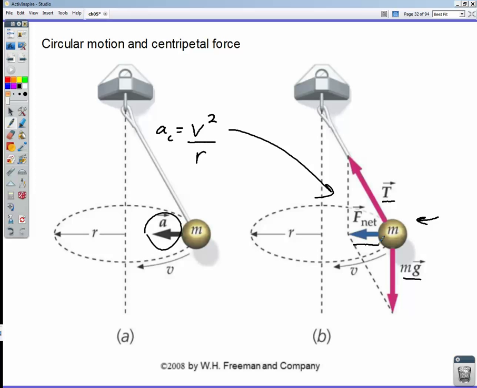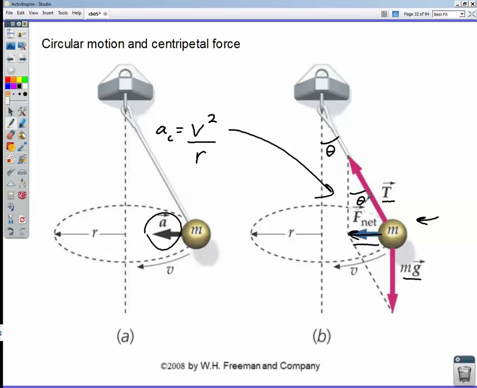So in this case, what we see is the centripetal force, the blue F net arrow, is being supplied by the x component of the tension force in the rope. So if we found the component of that force pointing in the x direction, which in this case is towards the center of the circle, then we're also going to see that that is going to be related to this angle theta.